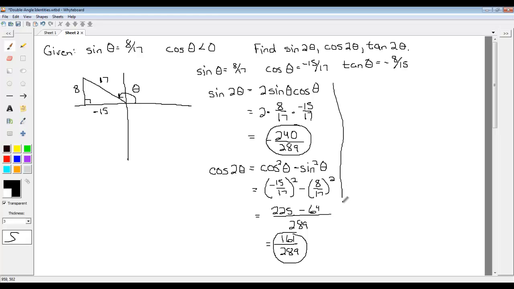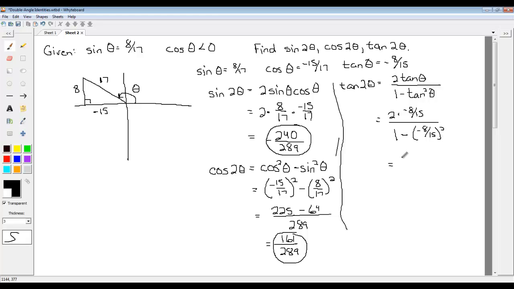Alright, finally, tan 2 theta we know is 2 tan theta over 1 minus tan squared theta. So we got 2 times negative 8/15 over 1 minus negative 8/15 squared. So we got negative 16/15 in the numerator.